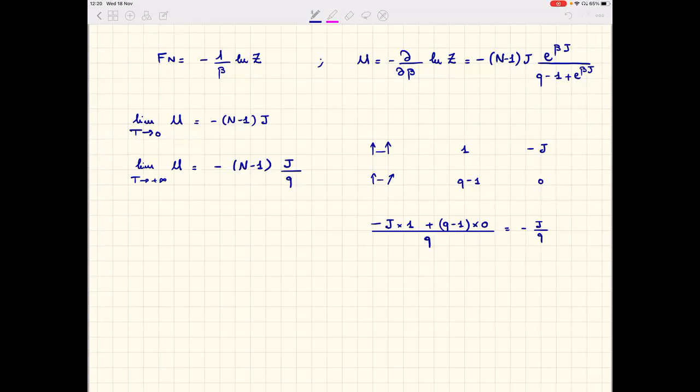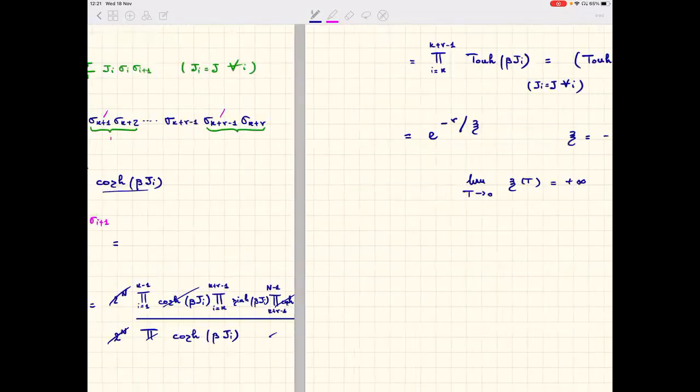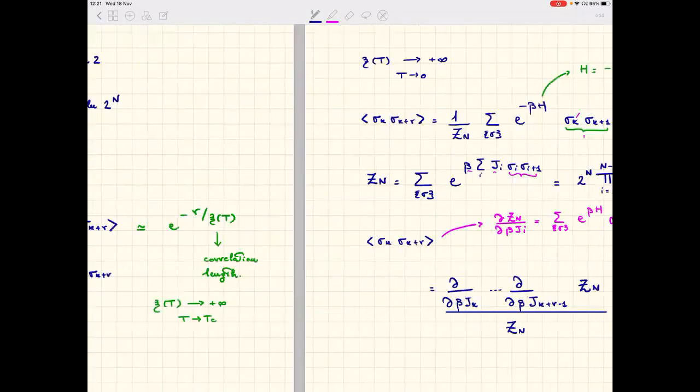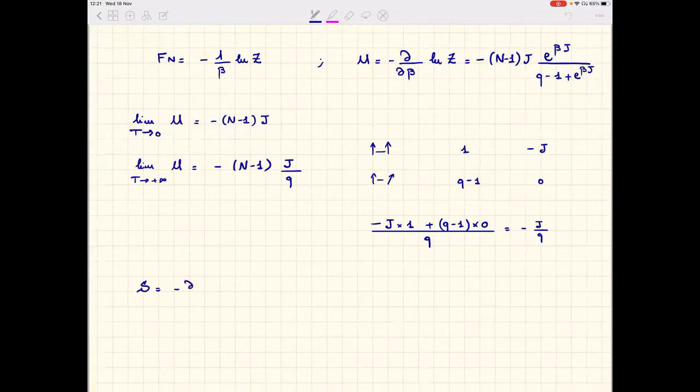Okay? And now, another exercise that you could do is compute the entropy, which as usual is minus df/dt. And now if you compute the entropy, what should be the limit for t going to 0 of S?